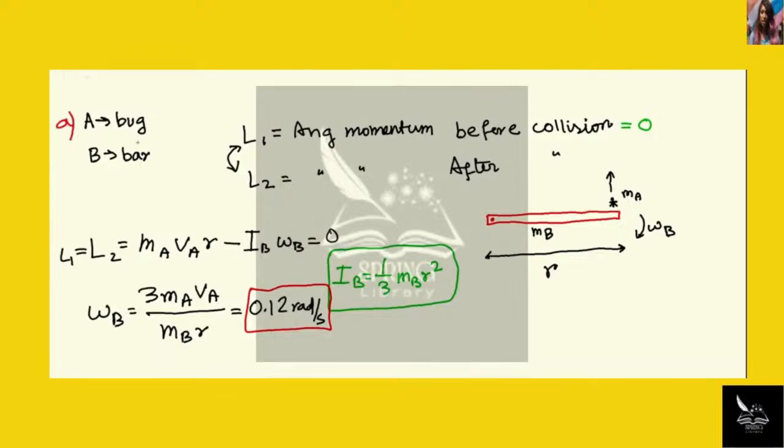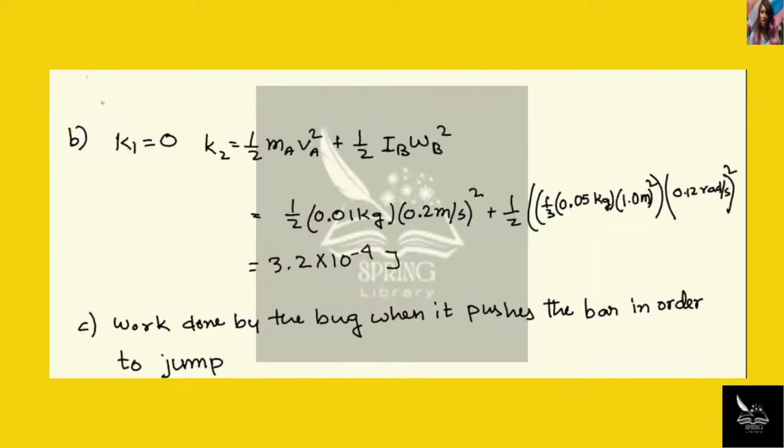So in part B, we need to find out the kinetic energy of the system. So before the bug jumps, the system was at rest, so the initial kinetic energy was zero. But the final kinetic energy will be the kinetic energy due to the bug jumping off.